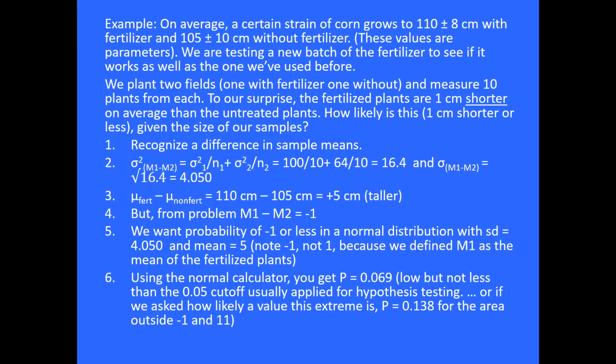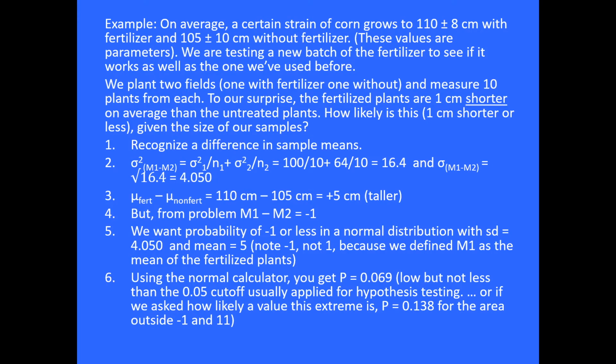Maybe the fertilizer really isn't working, but this evidence isn't strong enough for me to definitely say that the fertilizer doesn't work. And if we looked at the two-tailed probability, both ends, how likely is it to get extreme values of -1 or, at the other end, 11, it's essentially double that.